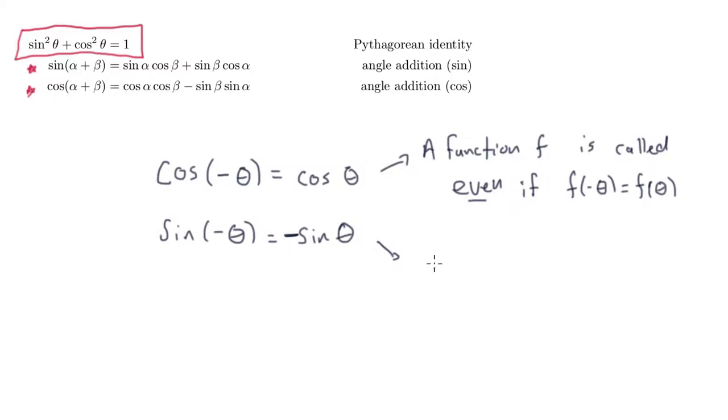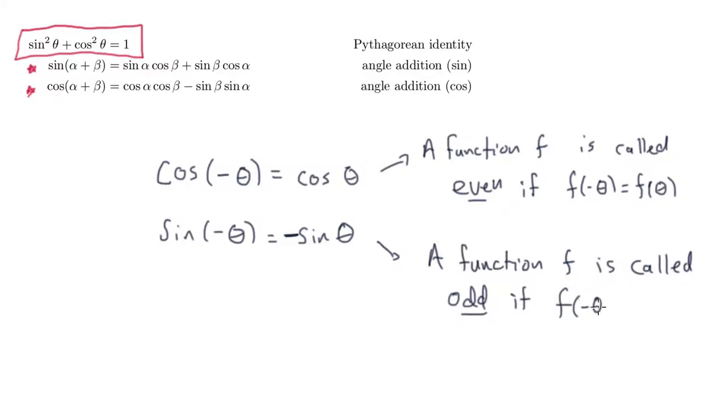And then a function is called odd if it satisfies this property that sine satisfies. If when I make the argument negative, it makes the entire function negative.